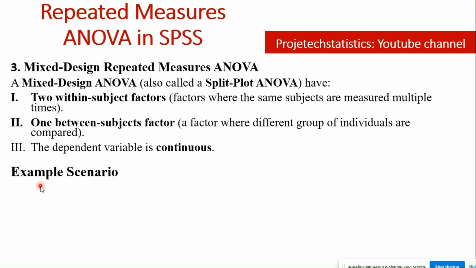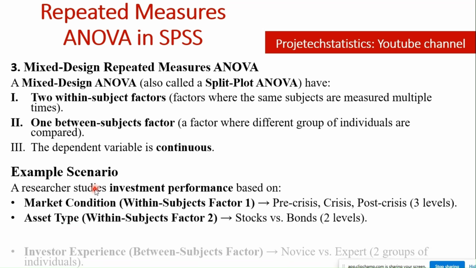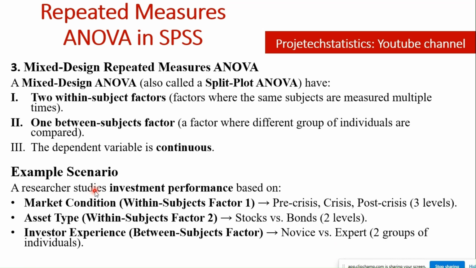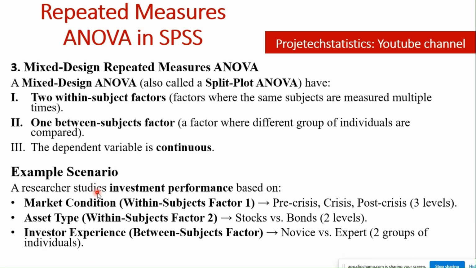So let me give you a scenario of how we can carry out mixed design. We have a researcher who studies investment performance based on market condition, asset class, and investor experience. You see, the three of them come into play now.